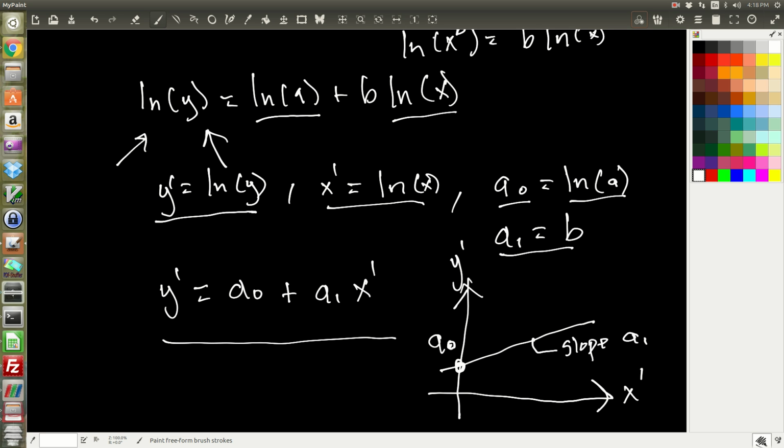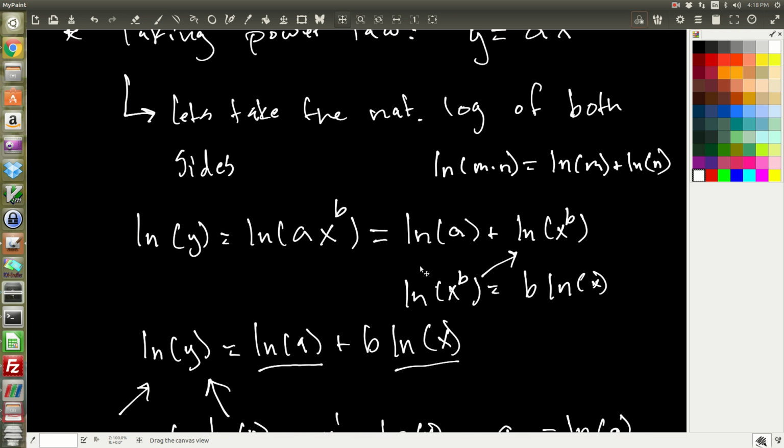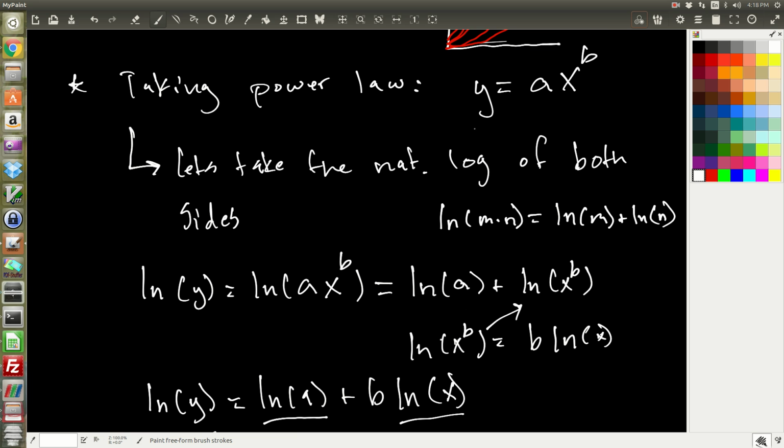Right? So really, I started with this power law relationship up here, and I converted it just using a transformation of variables to a linear form.